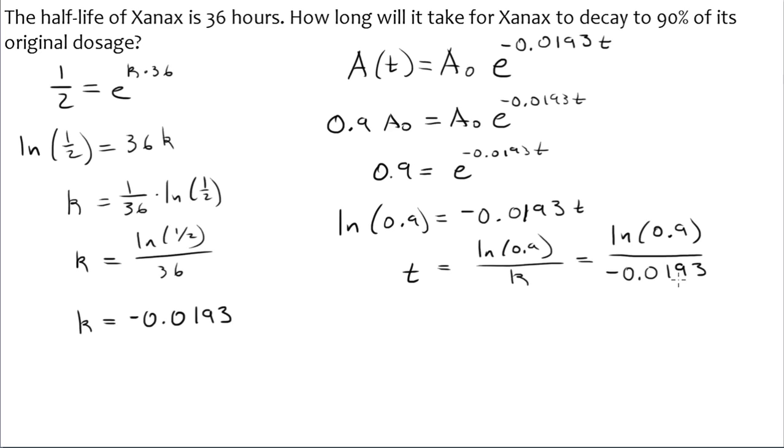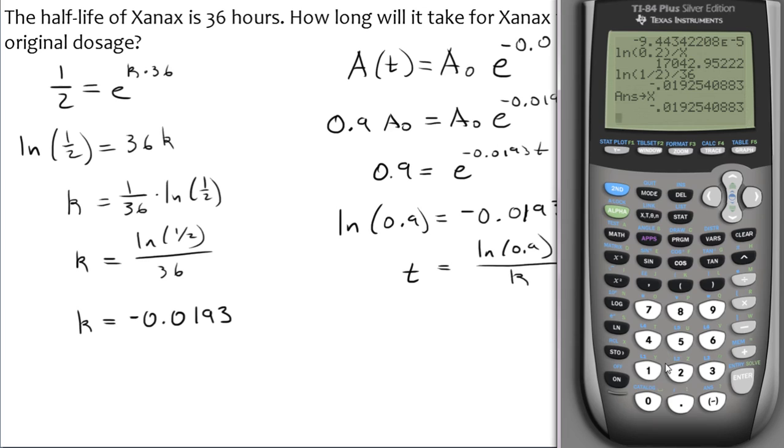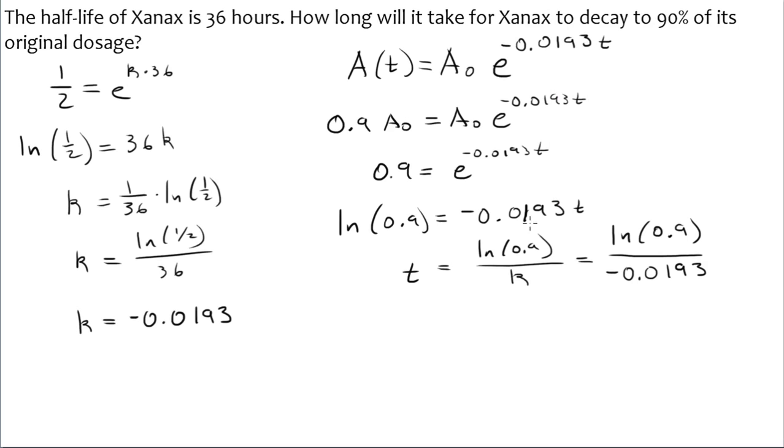So I'm going to take the natural log of 0.9 and divide it by that number that we found, which I stored as a variable, and I'll get 5.47. So t is equal to 5.47.